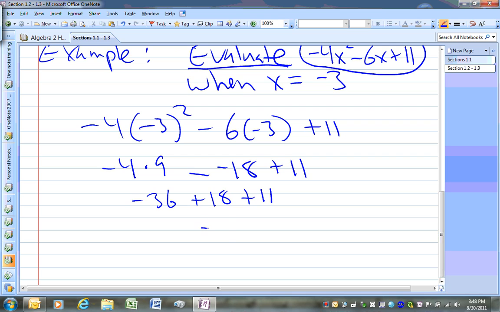Final answer, negative 7. So notice how I did the exponent first. Then I multiplied it to negative 4 after I did negative 3 squared. Also did 6 times negative 3. Then I took care of the addition at the end. So that's how we follow order of operations.